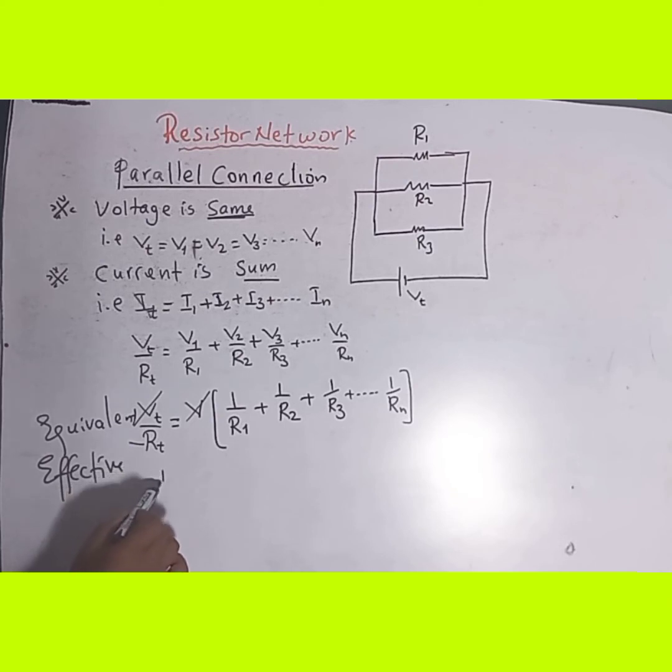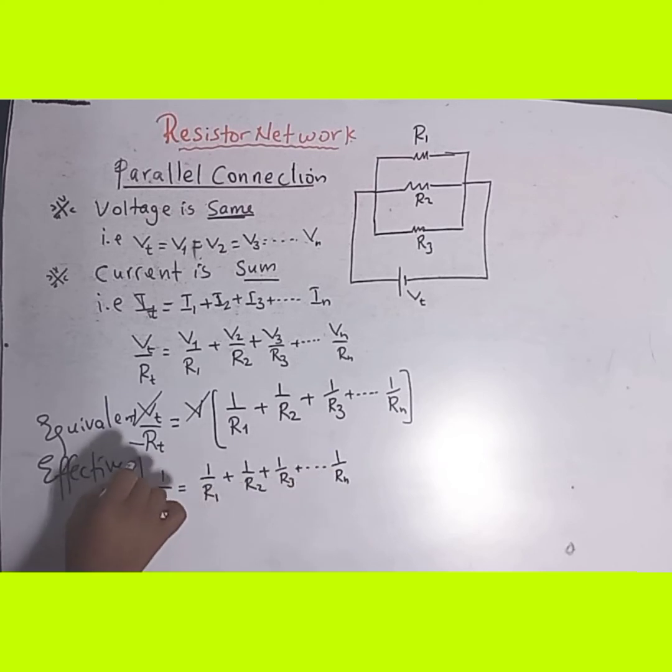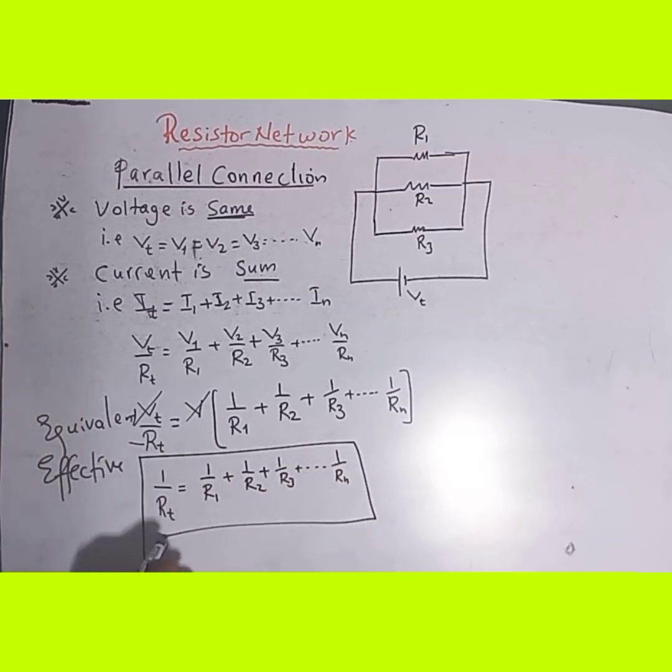We get 1 over R total, or 1 over R equivalent, equals 1 over R1 plus 1 over R2 plus 1 over R3 plus 1 over Rn. This is to find the effective or the total resistance for a parallel connection.